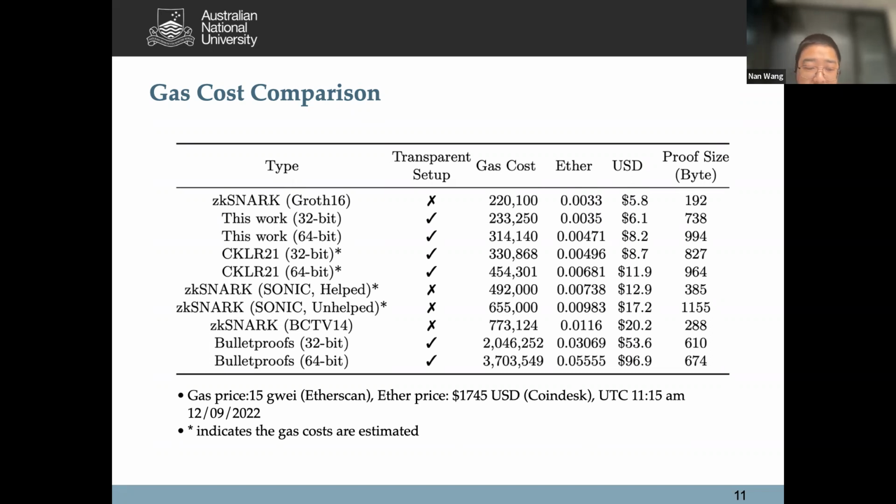And there's only a gap of around 13 kilo gas between our 32-bit range argument and Groth16. Besides, our 64-bit range argument does not fall much behind. And Bulletproofs consumes around 10 times the gas cost of ours.